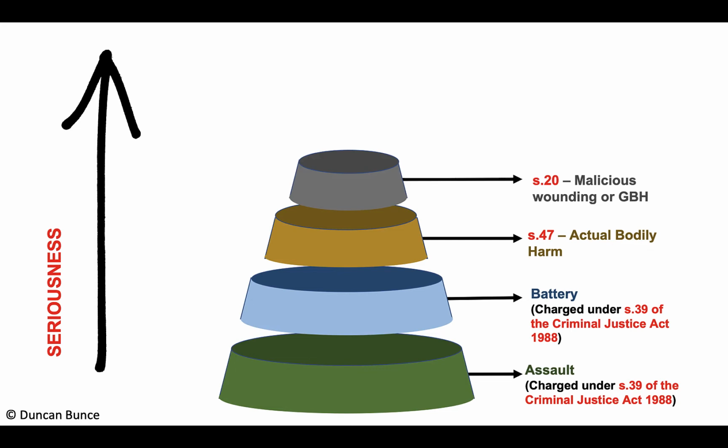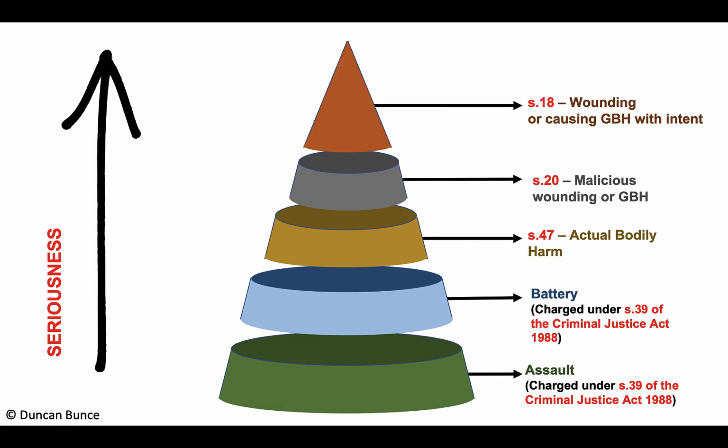So section 20, more serious than section 47 still, is called malicious wounding, or GBH, and you'll remember that GBH means grievous bodily harm, in plain English, serious harm. And right at the top, the most serious of all, is section 18.